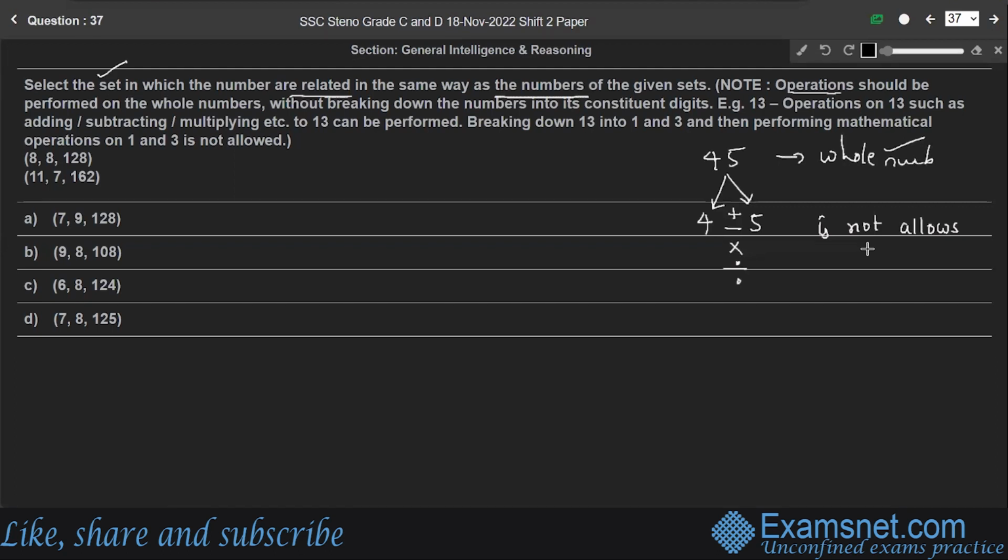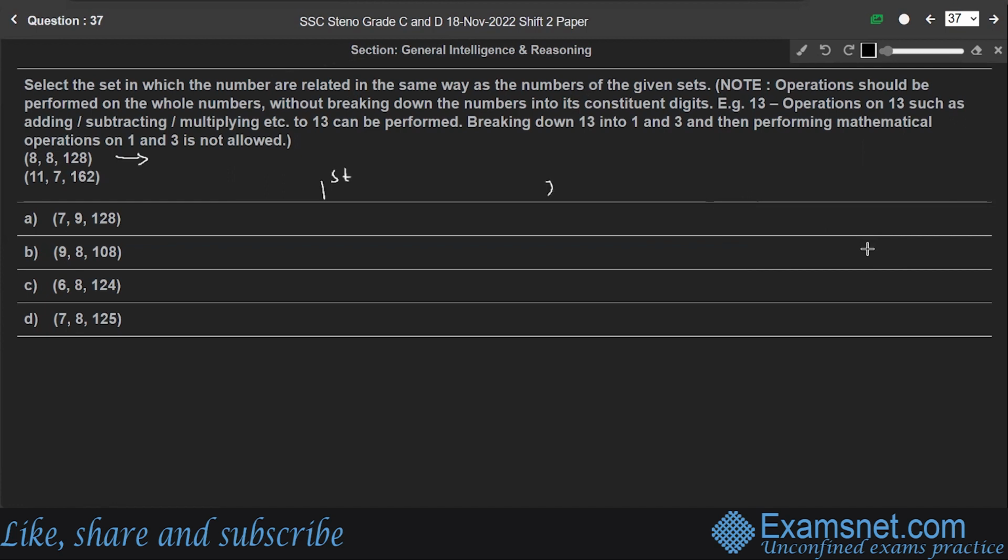Keeping this in mind, we'll consider the first set of numbers, in which the three numbers are 8, 8 and 128. So we'll consider the first, second and third numbers. This third number is obtained by adding the first two numbers, 8 plus 8, into, again, the sum of the first two numbers divided by 2.